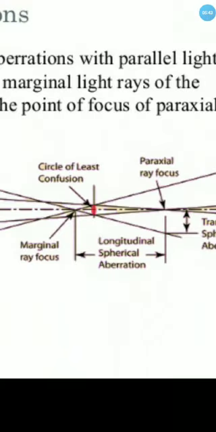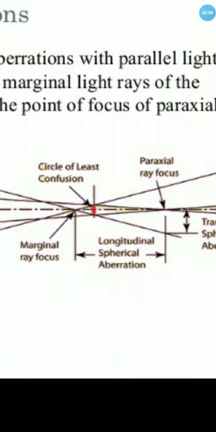If the screen is placed at the marginal image IM, the image is not at all clear. And if the screen is placed at the paraxial image IP, at this place also the image is not clear.